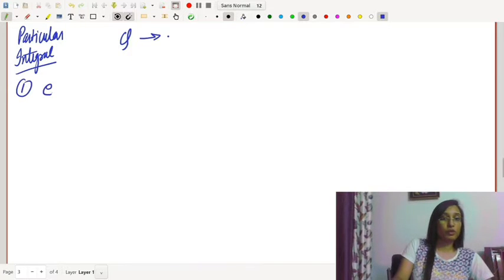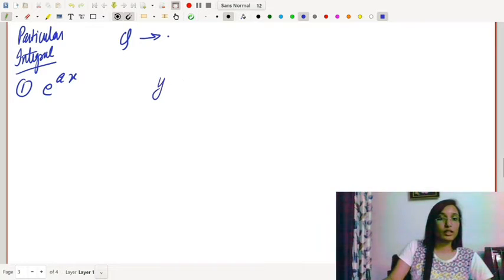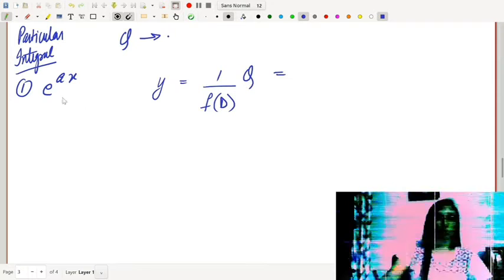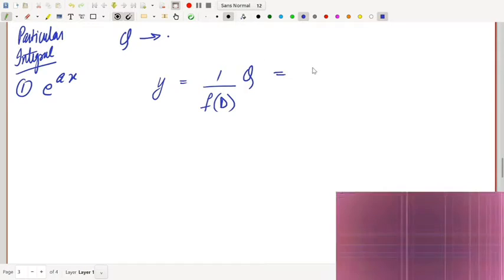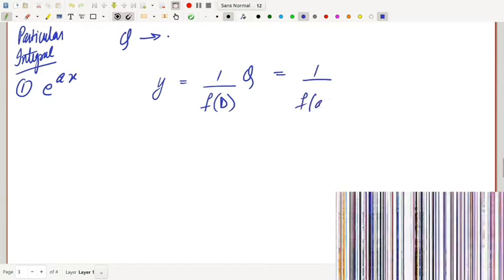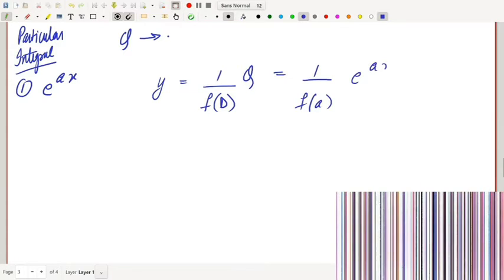फर्स्ट अगर Q हमारे पास e^ax की फॉर्म का होगा तो हमारे पास पर्टिकुलर इंटीग्रल क्या बनेगा? 1/f(D) Q, where Q is of e^ax form, would be 1/f(a) into e^ax, where f(a) is not equal to 0.